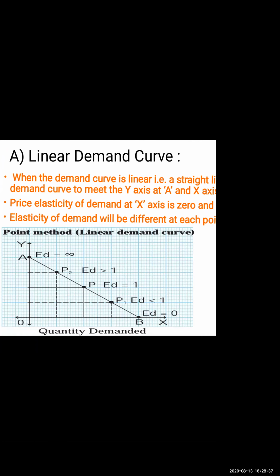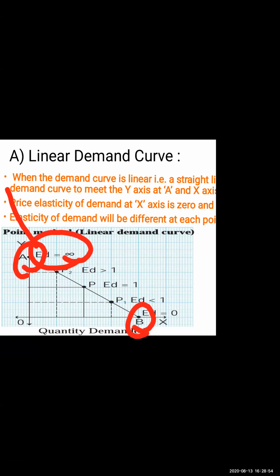On the y-axis we measure price, on the x-axis we measure quantity demanded. At this particular point ED is infinite because we can go beyond this. At point B, ED is equal to 0. It is perfectly inelastic because we can't go beyond this point.